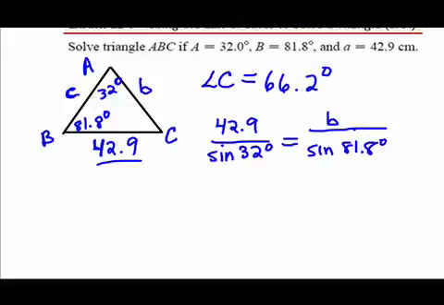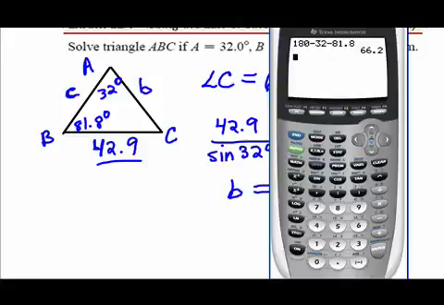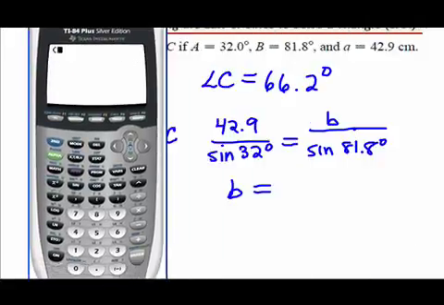We're going to solve this proportion for B, which means we'll take 42.9, multiply that by the sine of 81.8, and divide that whole thing by the sine of 32 degrees. Doing that in one step, here's the reason why you put your calculator in degrees mode: the angle that you enter will be in degrees. 42.9 times the sine of 81.8, and we want to divide that whole thing by the sine of 32.